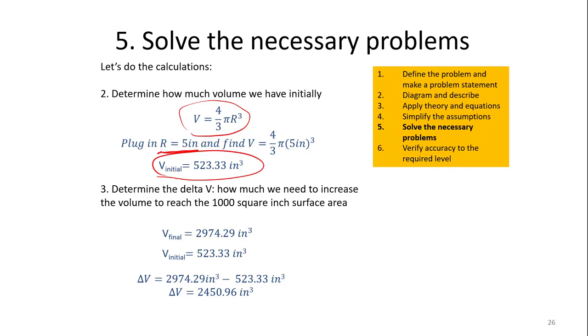How much do we need to increase the balloon's volume in order to reach our final size? We know the final volume is 2,974. Initial volume, 523 approximately. We have cubic inches for both, so we can subtract. We determine our change in volume needed is approximately 2,450 cubic inches.